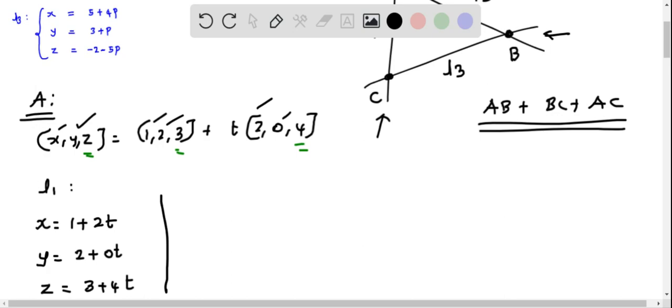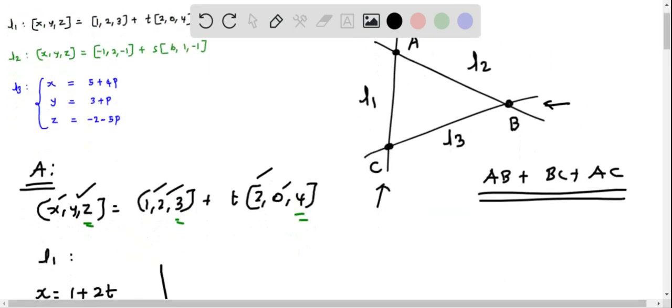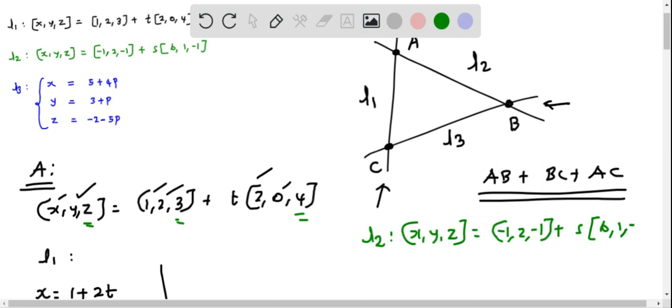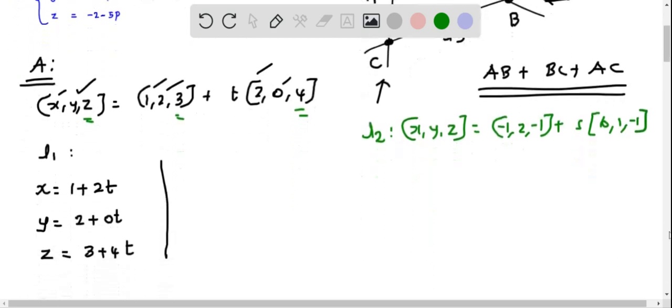Now similarly, we will write down the parametric equation for line 2. First let me copy line 2. Line 2 is x, y, z equals (negative 1, 2, negative 1) plus s times (6, 1, negative 1). So I'm going to write down the parametric equation of line 2 over here. x equals negative 1 plus 6s.